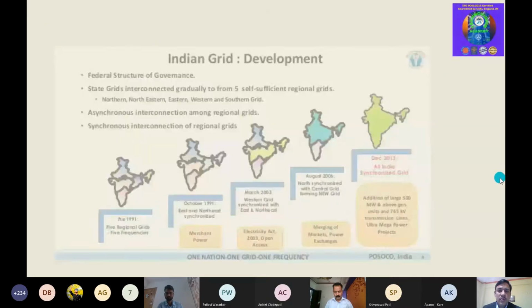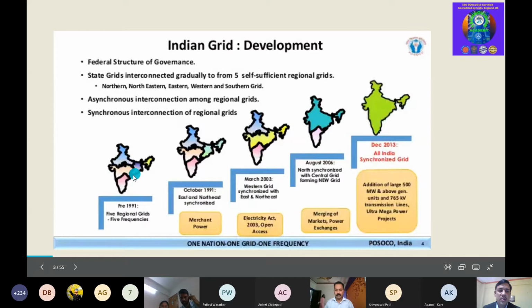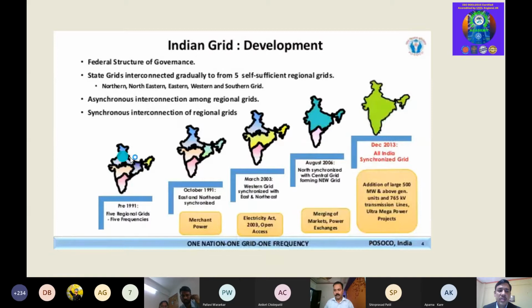First of all, we know that in 1991, there were five regional grids operating with their own frequencies, means there was some variation in the frequencies, they were not synchronized.